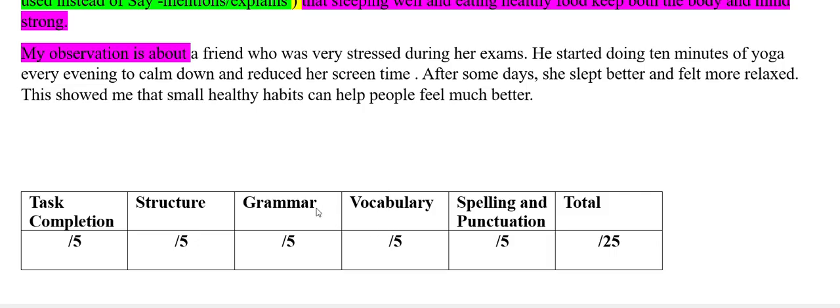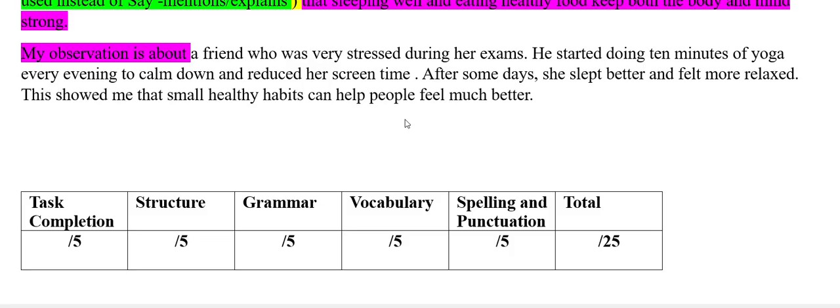Now, apart from that, there are other things in the grammar, like your sentence formation is correct, sentence structure is correct. Next is vocabulary. You are using adequate vocabulary. If you remember in the EOT structure document which has been shared with you, there are a lot of vocabulary words which are mentioned in that, related to Unit 1 and Unit 2.